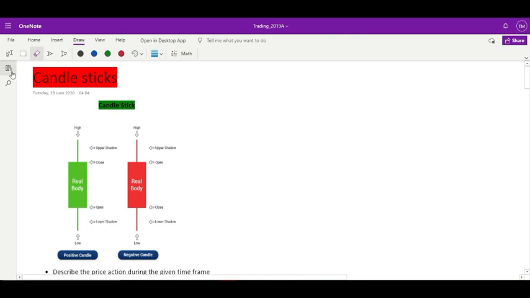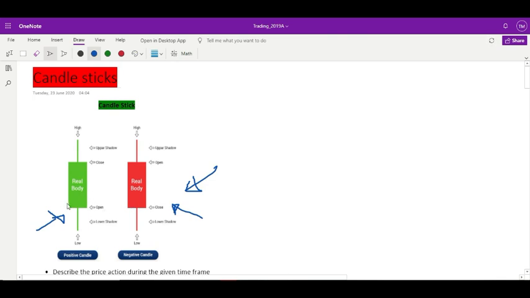So we have two types of candlesticks that you are supposed to know. So these are two types of candlesticks, right, that you can see here. There is a positive candlestick, which means green, and a negative candlestick, which is a red candlestick.